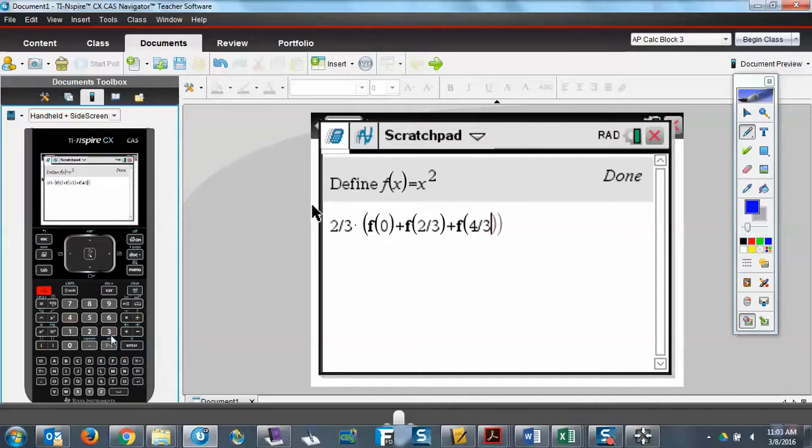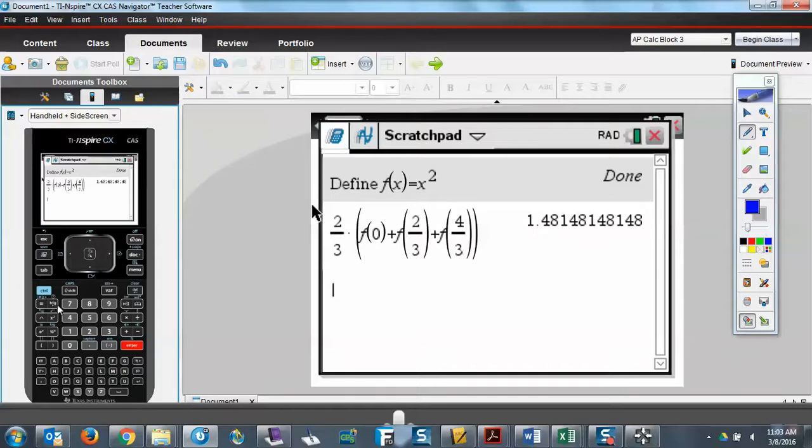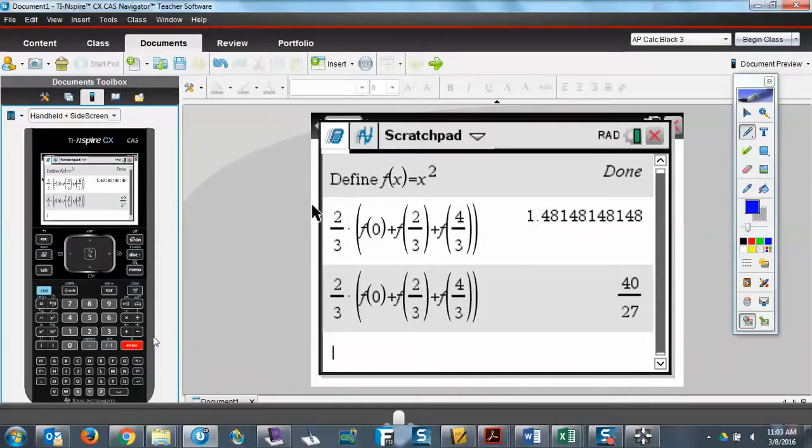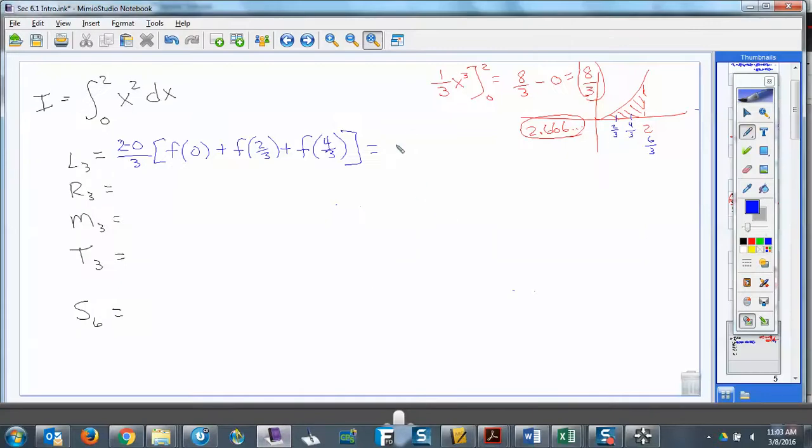Maybe hit Control Enter to get a decimal, or just hit Enter if you'd rather have that. 40/27. You agree with me on that? Does that look good? Okay. And so now I think decimals are better. So what was that? 1.481. Clearly, that's an under approximation. Correct? All right.